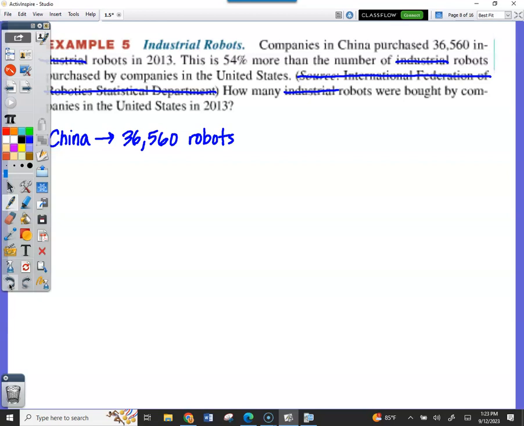Okay, China purchased 36,000 robots in 2013. We said that year doesn't matter. This is 54% more than the number of robots purchased by the U.S. So let's take note. The 36,000 robots is 54% more.